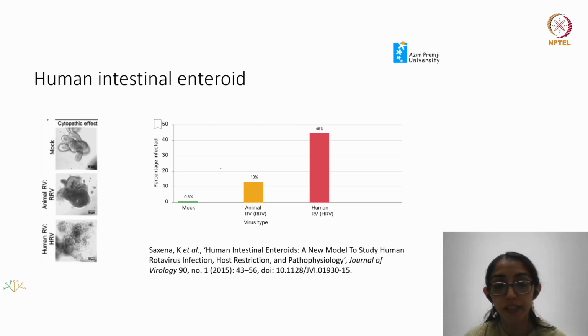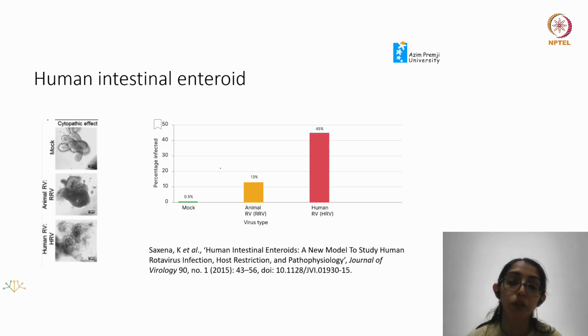And the idea of this study by Saxena et al., the reference is given at the bottom right, was to test whether a human enteroid that was derived from a tissue from a human patient would be a good model system to study human rotavirus, right? So what they did was they extracted intestinal cells from a human patient and then tried to grow these intestinal cells and develop them as enteroids in the lab.